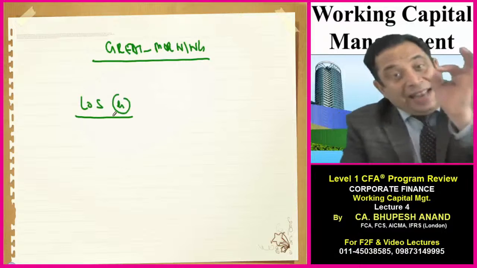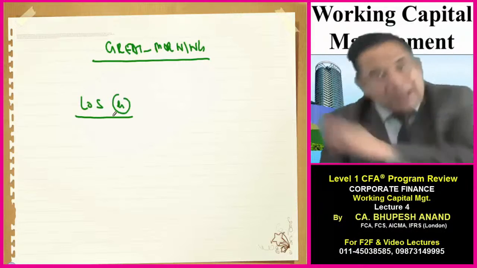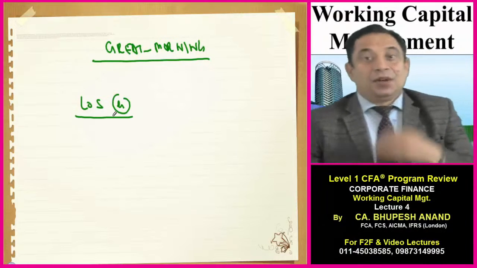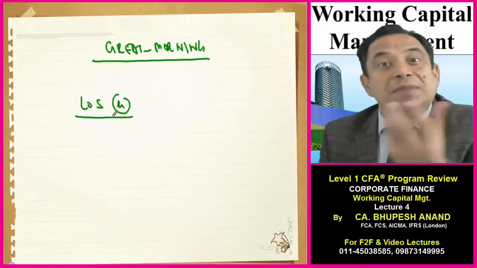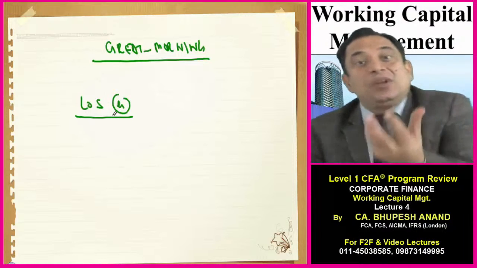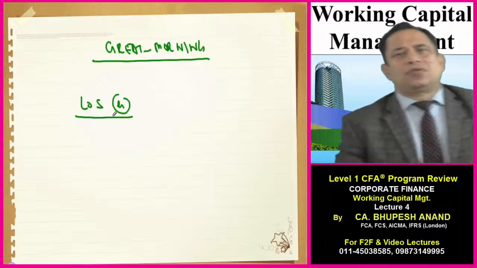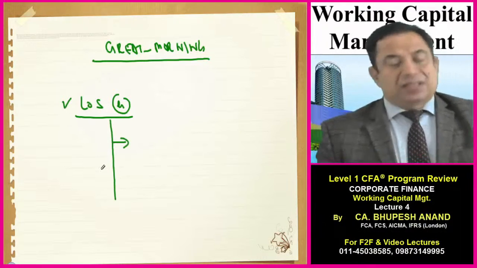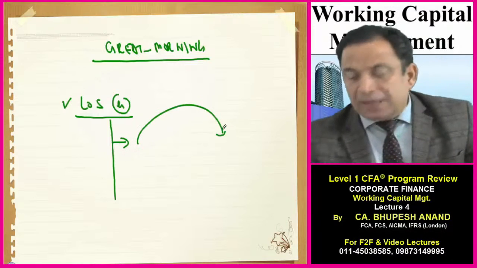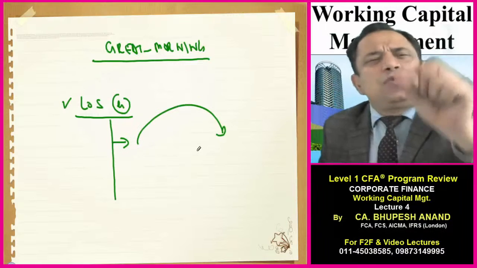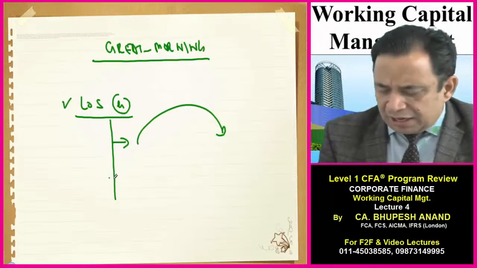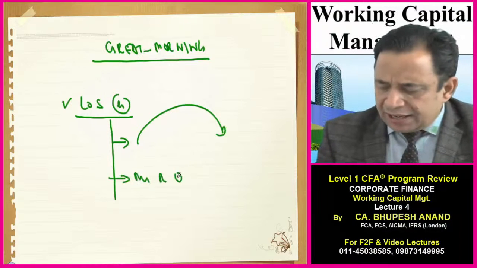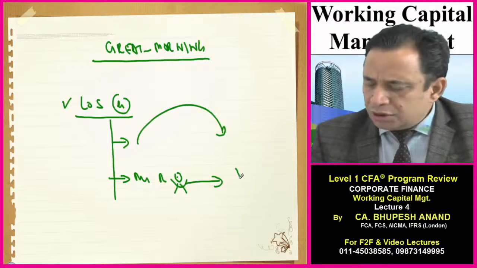The heading of learning outcome B is: what are the different liquidity measures, and what are the different tools of liquidity with the help of which we can evaluate? For evaluating liquidity measures and comparing with peer companies, let me give you an example. Suppose Mr. Ramlal is suffering with fever and goes to his doctor.